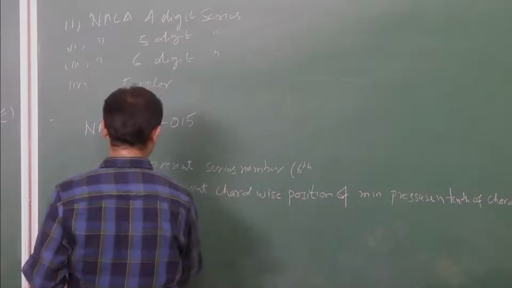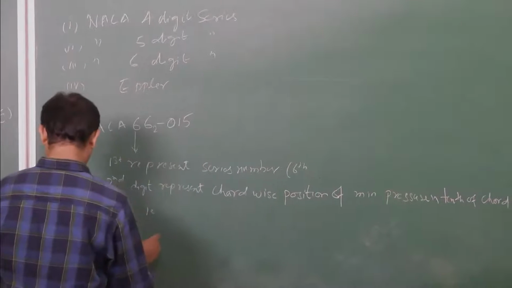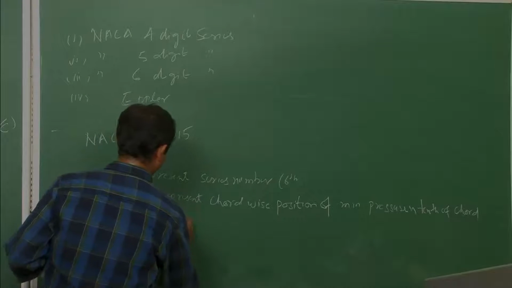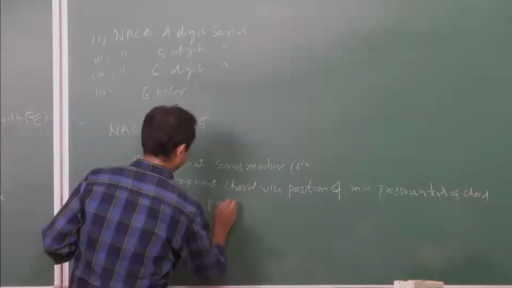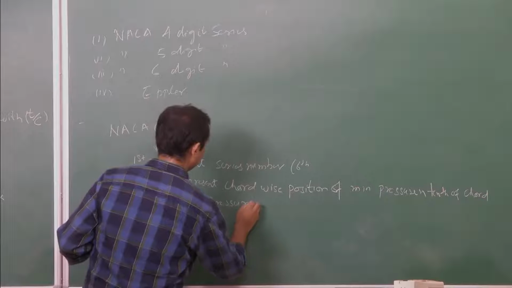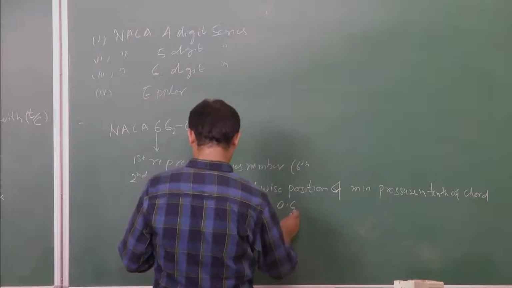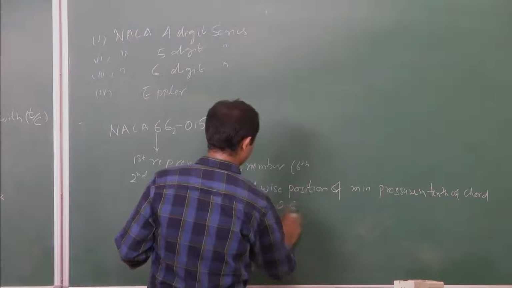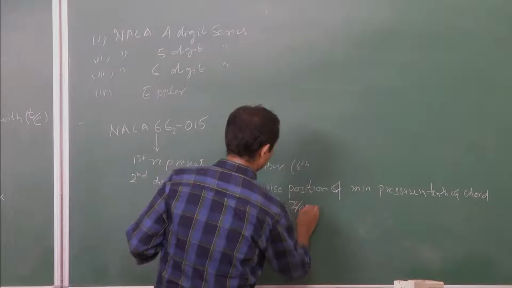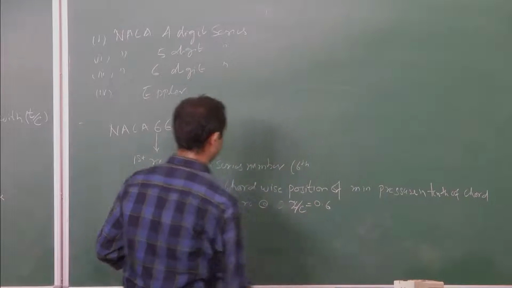That is, minimum pressure is at 0.6, at x by c equals 0.6.